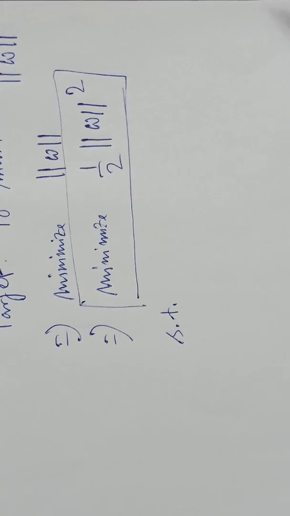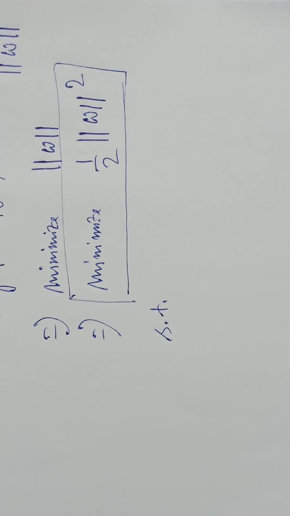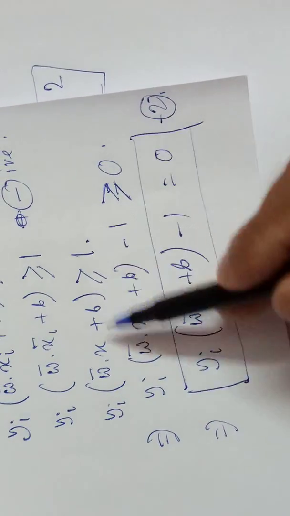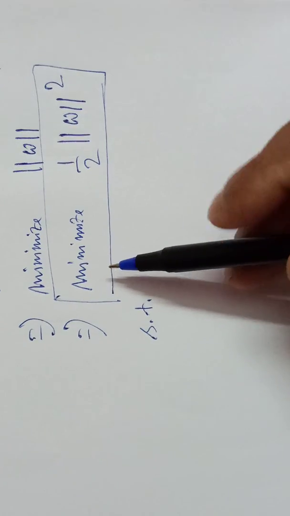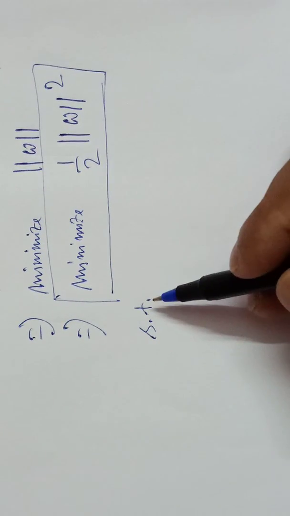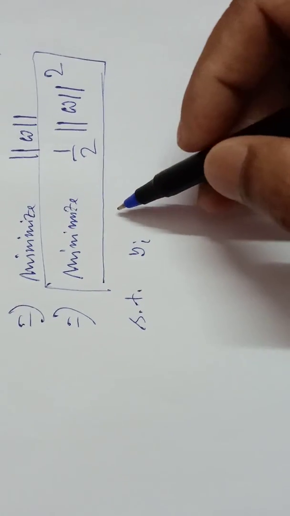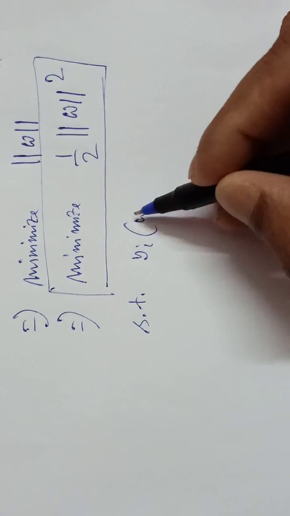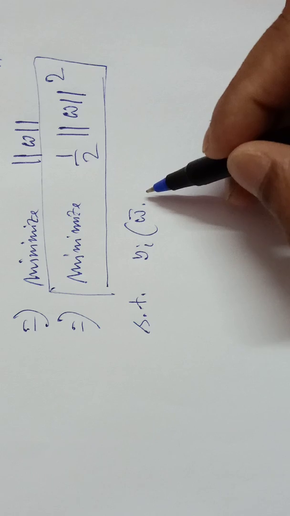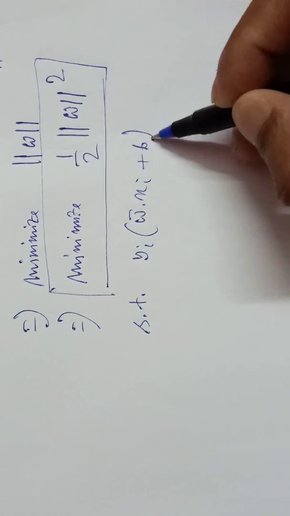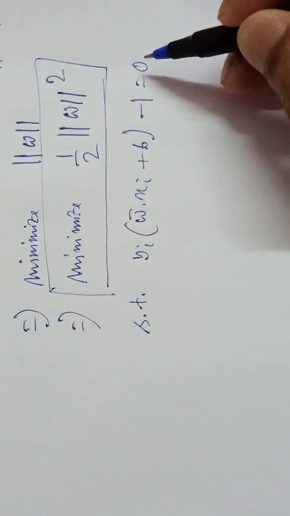Okay, so the condition is this: for both positive and negative, we have to satisfy this equation, right? So our target is to minimize this value subject to yi (w vector xi, any data, plus b) minus 1 equals to 0.